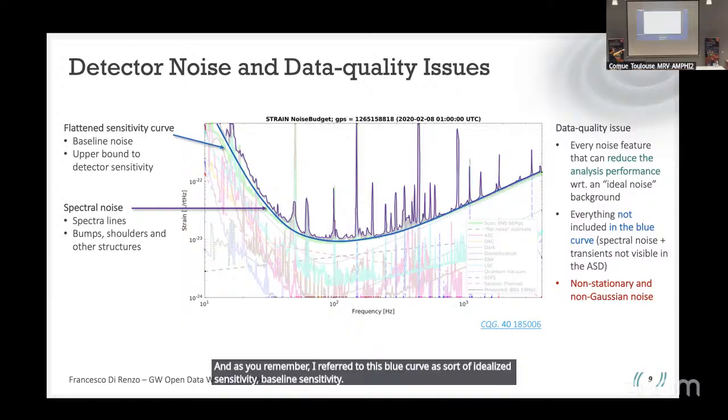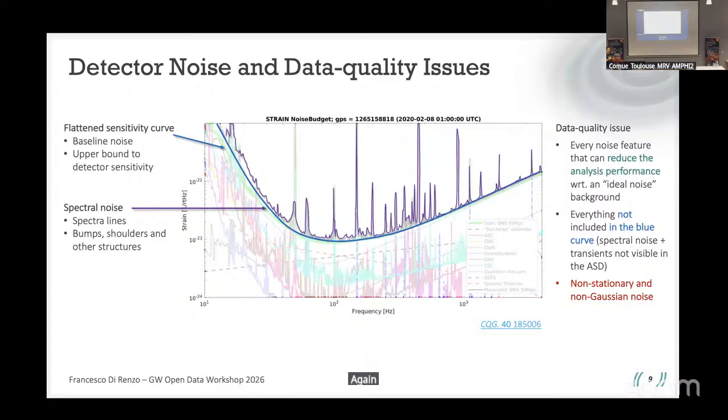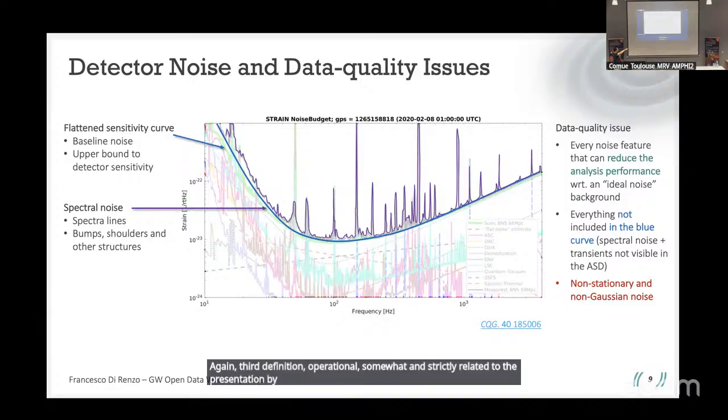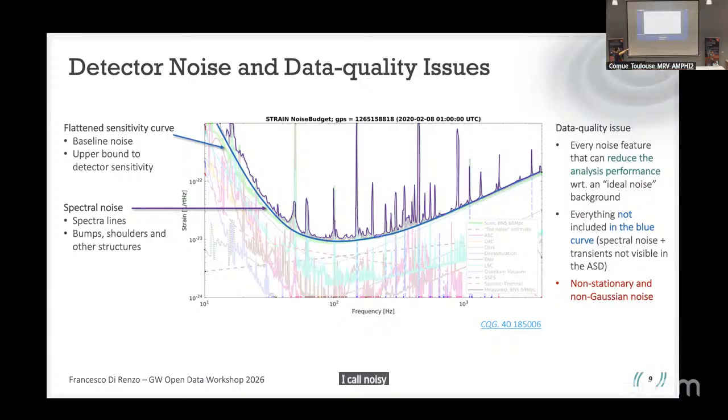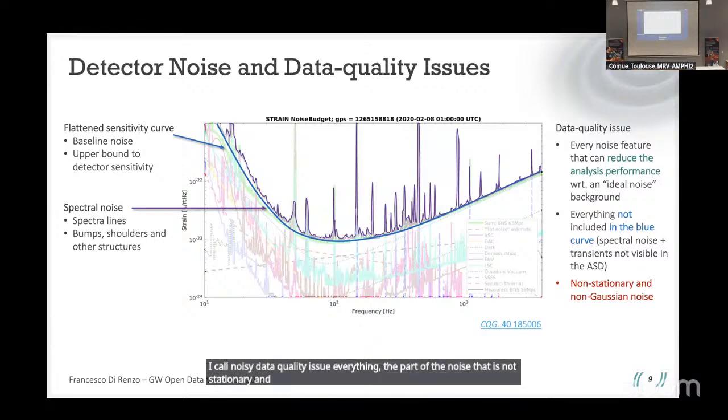So an equivalent definition of data quality issue is everything not represented by this blue curve. The third definition, operational and strictly related to the presentation by Kentan: I call data quality issue the part of the noise that is not stationary and not Gaussian.